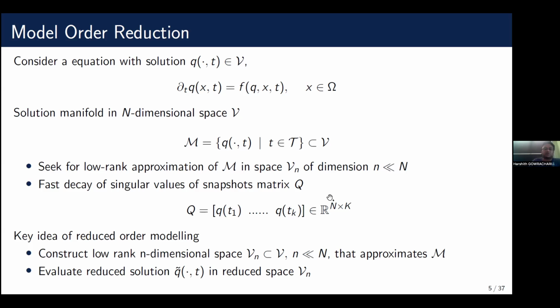The key idea of reduced modeling is mainly to construct this low rank n-dimensional space and to evaluate these reduced solutions in this reduced space.